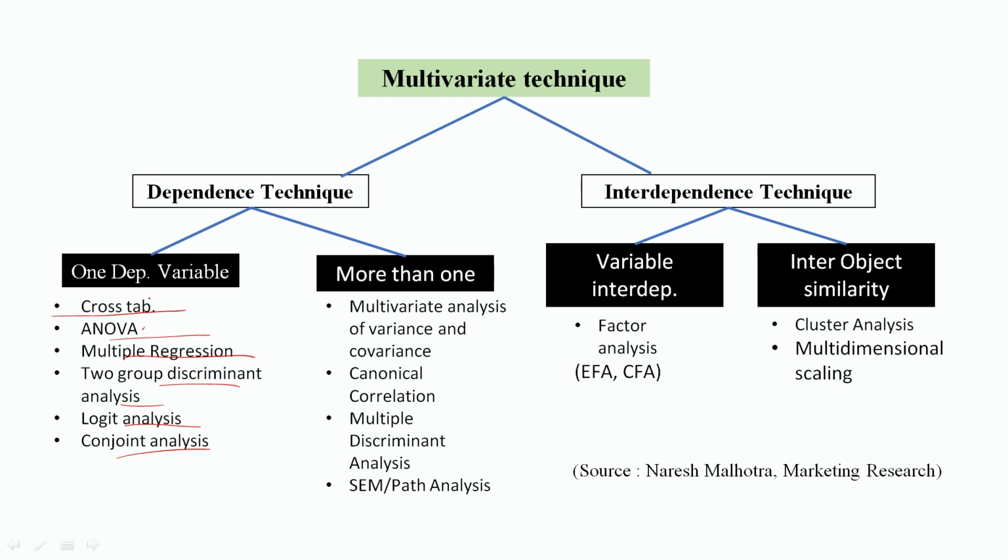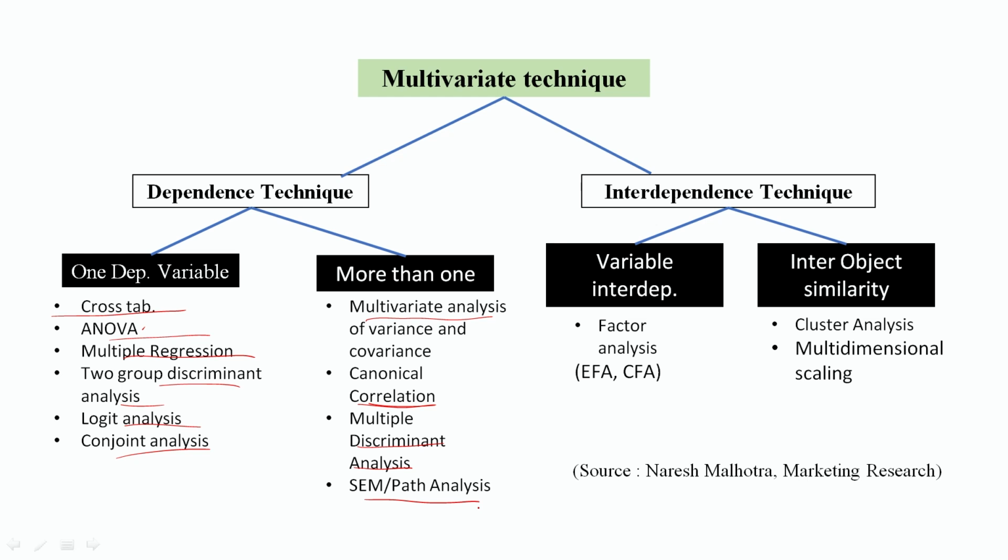We have to spend a lot of time if you are a fresher and don't have much idea about statistics. For dependent techniques with more than one dependent variable, which we call multivariate analysis in general, we have canonical correlations, multiple discriminant analysis, structural equation modeling and path analysis. These are all statistical tests used when we have more than one dependent variable.